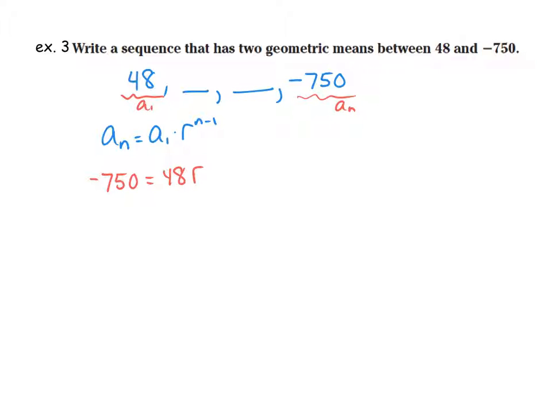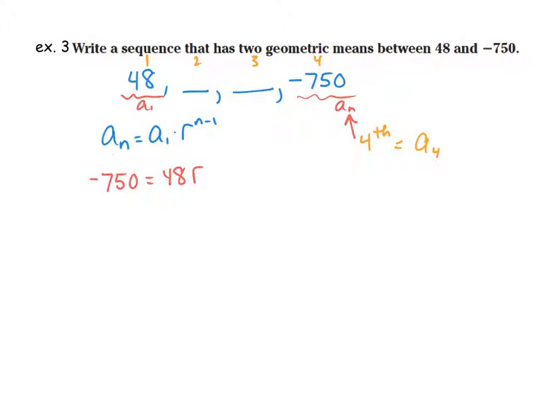What is my n going to be? In my a sub n, which number term is that? This is my first term, second, third, fourth, right? So because this is my fourth term, it's kind of like saying a sub 4, right?